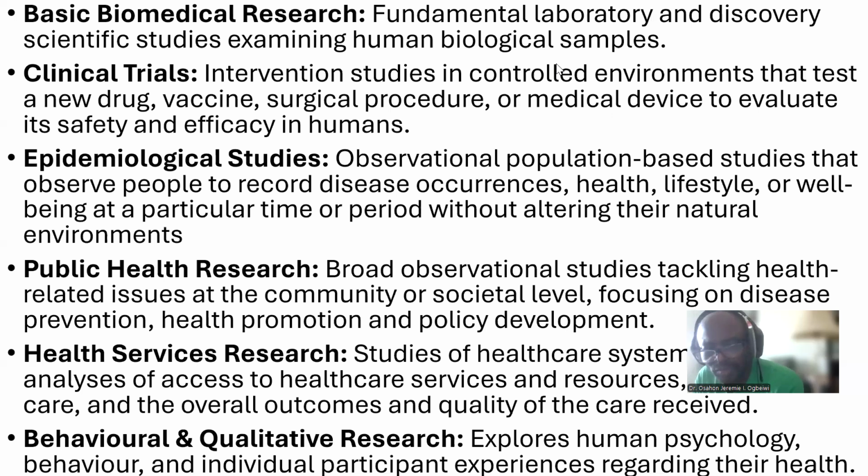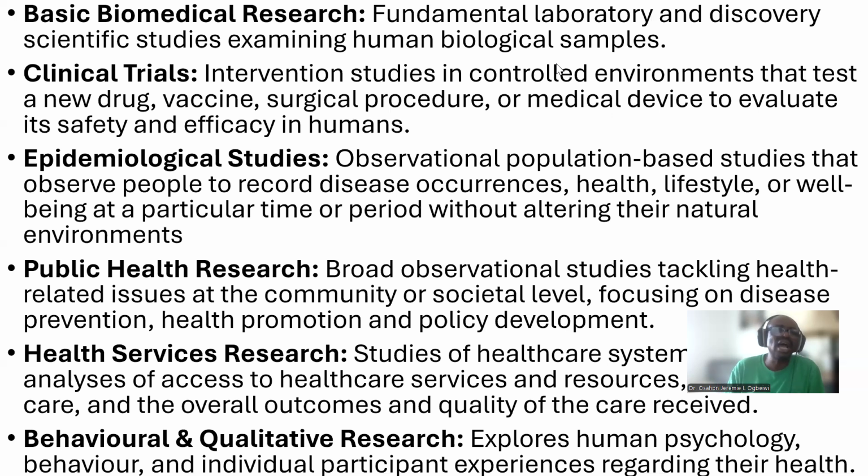Okay, the last one is, of course, qualitative research. Definitely, you can do behavioral or qualitative studies that explore human behavior and psychology, basically to help understand why and how people do the things they do and how it affects their health.